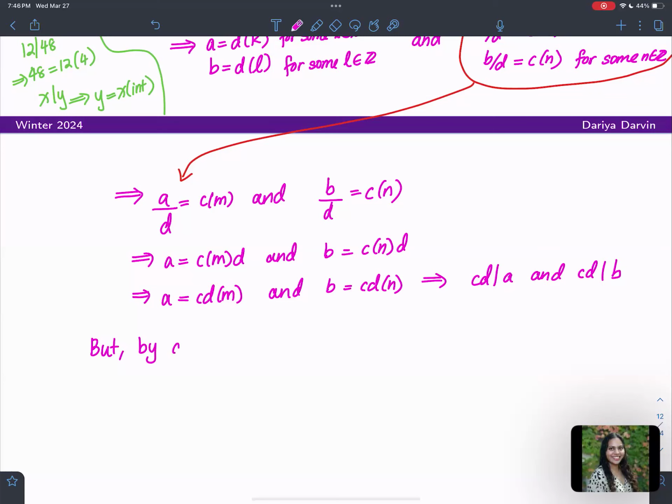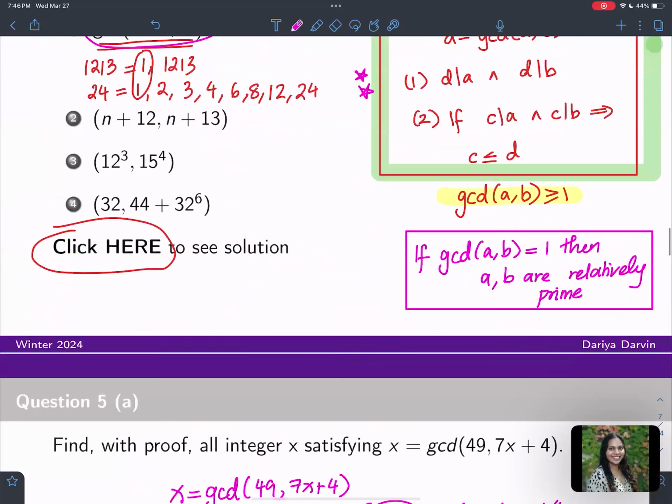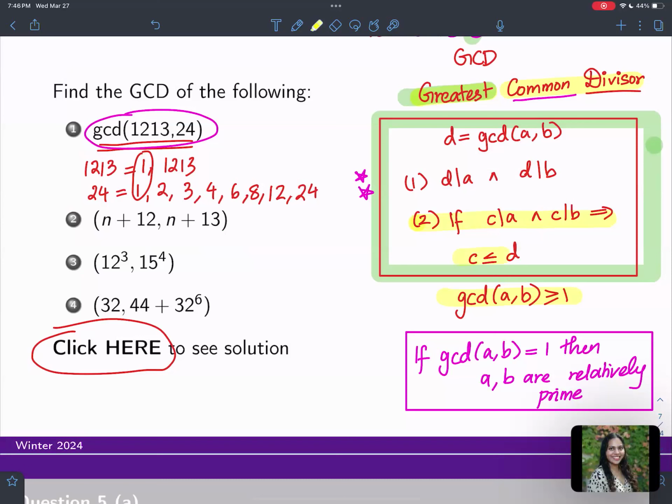By definition of GCD, again, I'm going to take you back to the definition of GCD. Look at the second line. If you have a common divisor, if there is a number that divides A and B, then that number should be less than or equal to the GCD, which makes sense. If you have another common divisor, it has to be less than or equal to the GCD, okay?